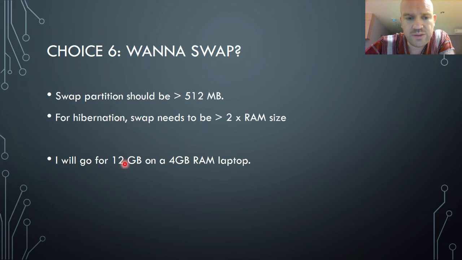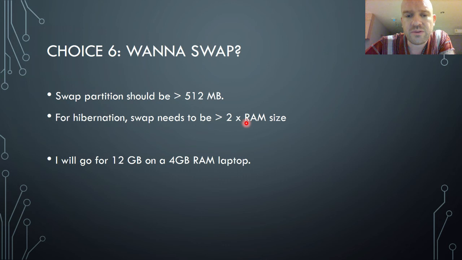But I can't see any reason why I wouldn't put 50 gigabytes. Why shouldn't I put 100 gigabytes as swap? Why not? And I can't find any information on why I should keep it small. It should be at least 512 megabytes. I should never really put it smaller than that, because then there's no point in using it at all. But it seems like people think that there's no point in making it bigger either.